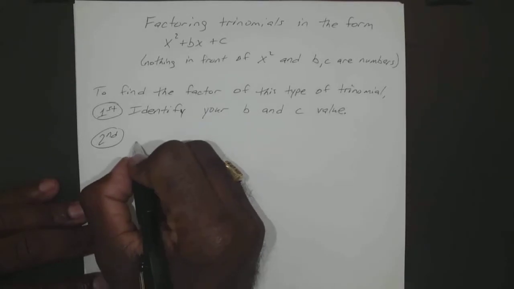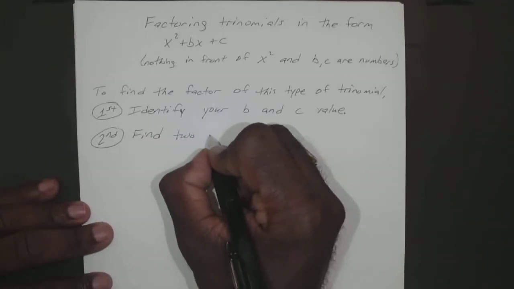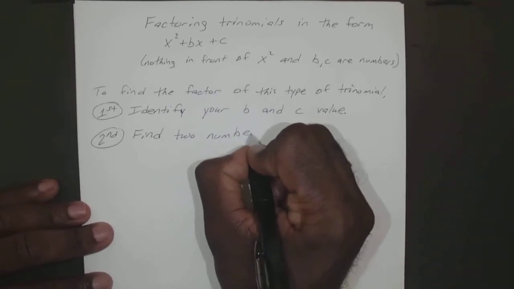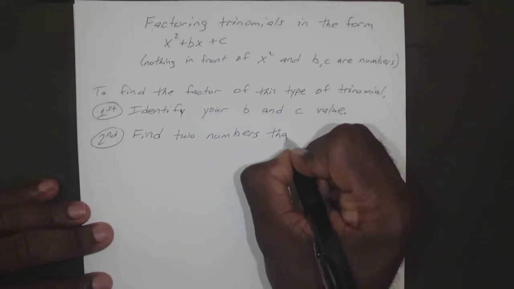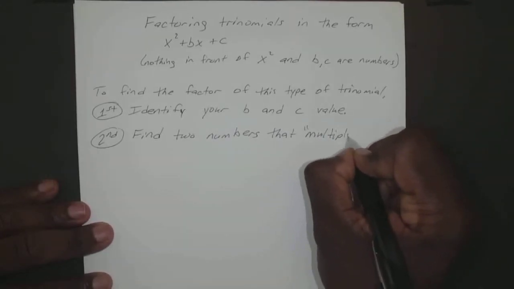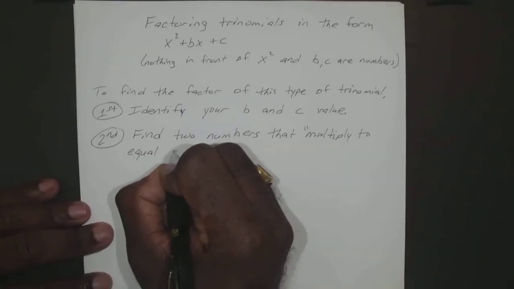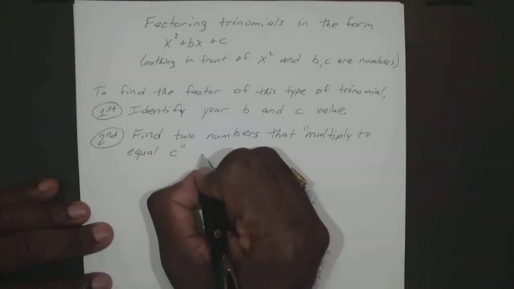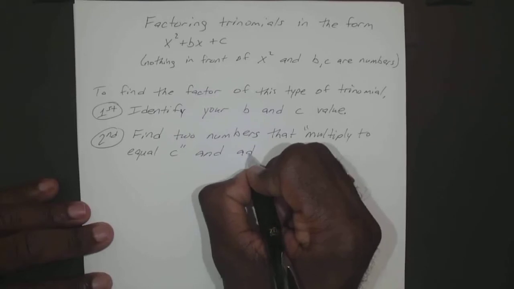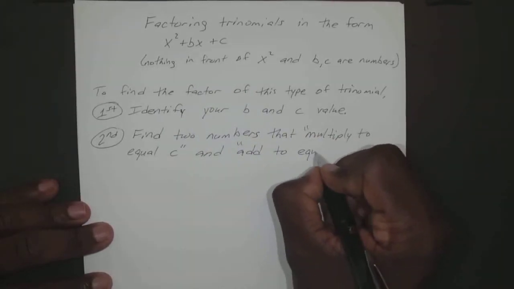Second, you want to find two numbers that multiply to equal whatever your C value is and add to equal whatever your B is.